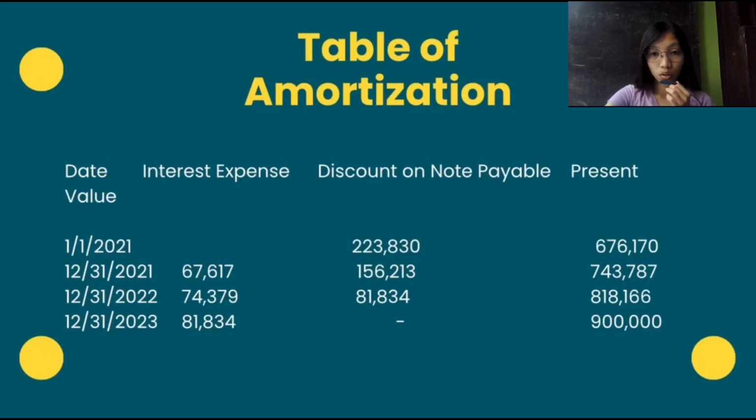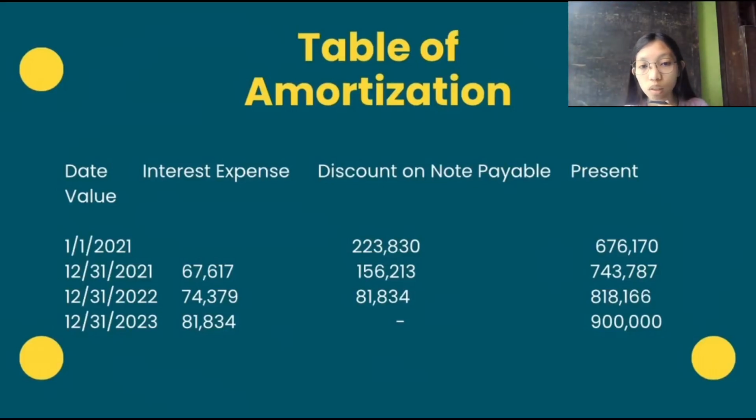And pagkuha sa present value on December 31, 2021, kay i-add na to ang present value sa January 1, 2021, which is 676,170 plus interest expense na to on December 31, 2021, which is 67,617, morang equals to 743,787.